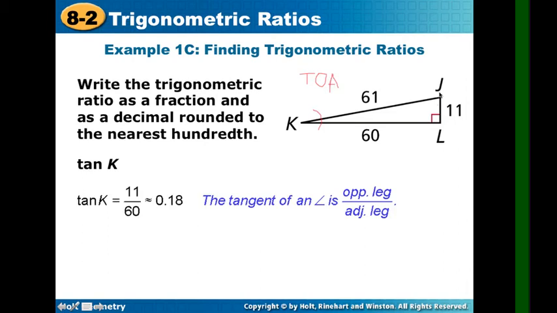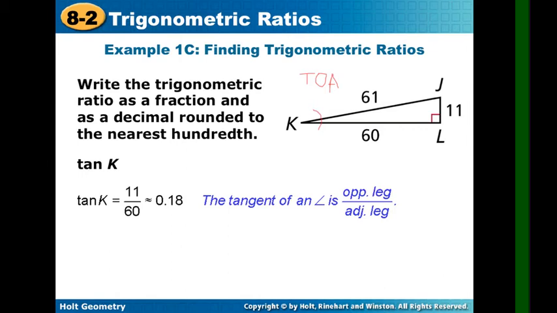So the opposite of K is 11 and the adjacent is 60. Pwede ba maging adjacent si 61? Hindi. Kasi siya yung hypotenuse. So adjacent niya, 60. Pag adjacent, we're talking about the legs. Okay, the legs. Pati yung opposite, legs din yan. Okay, ang hypotenuse lang talaga.